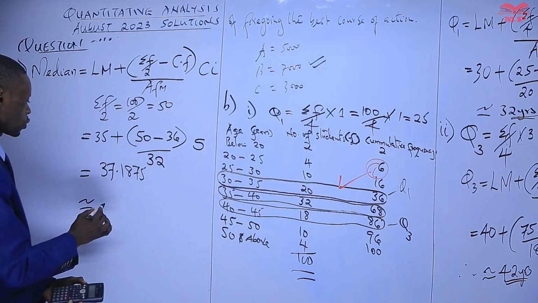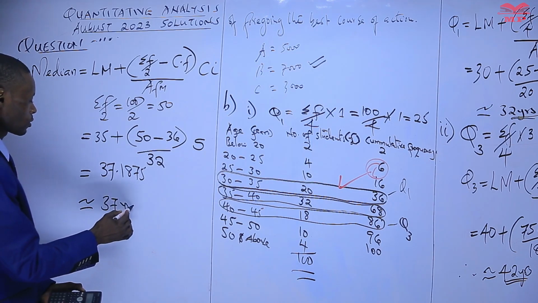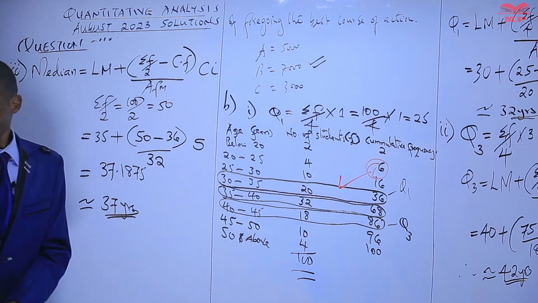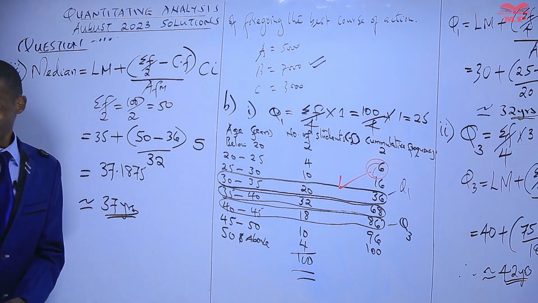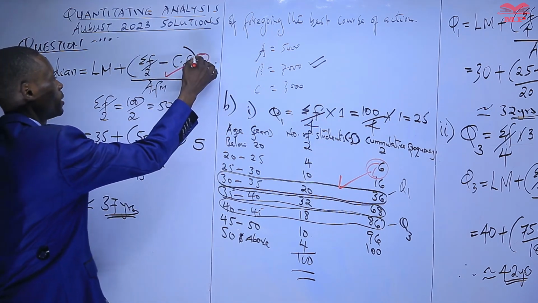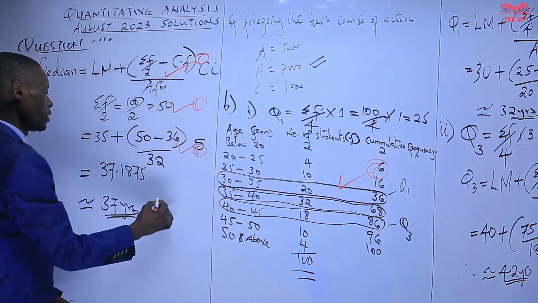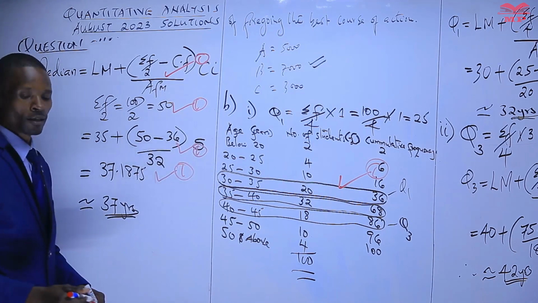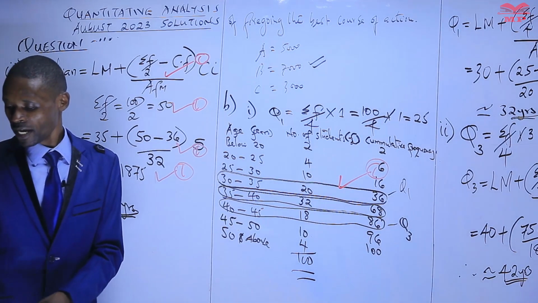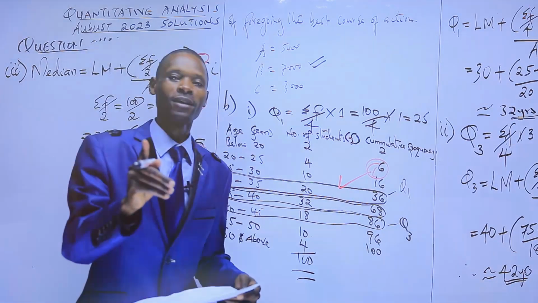That is approximately, I can round off to 37 years. And at that point, you also have 4 marks for that particular Roman 3: 1 mark, 1 mark, 1 mark, and then like that. So my good people, that brings us to the end of question number 1.